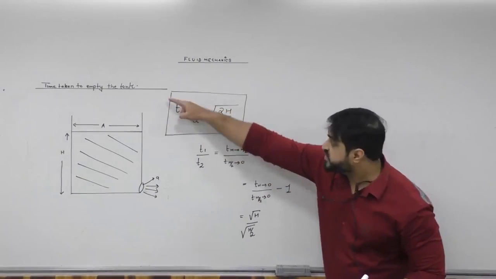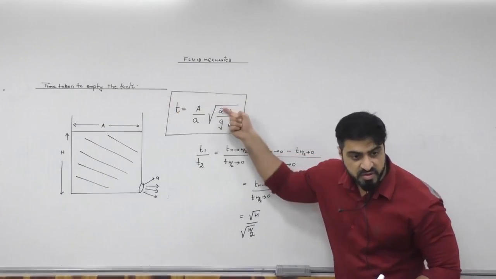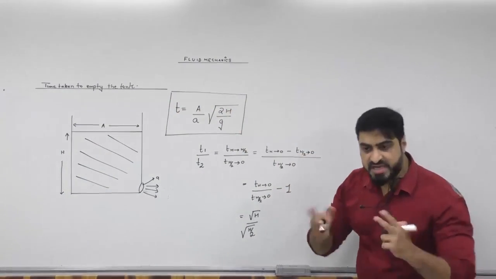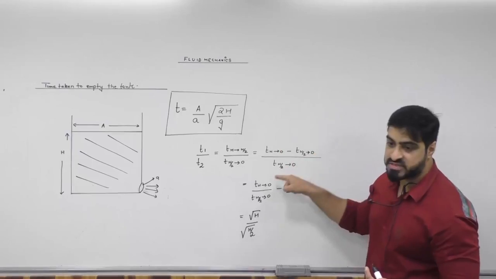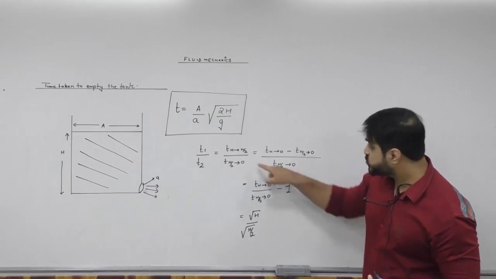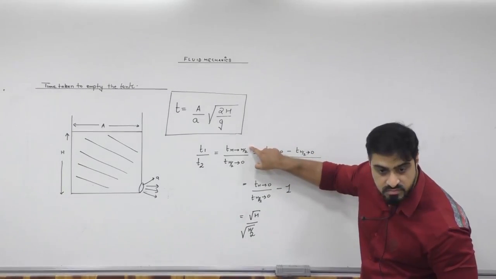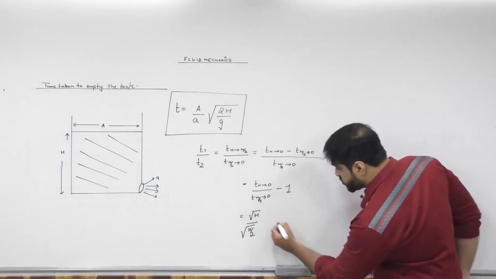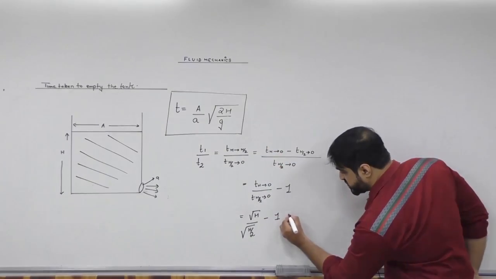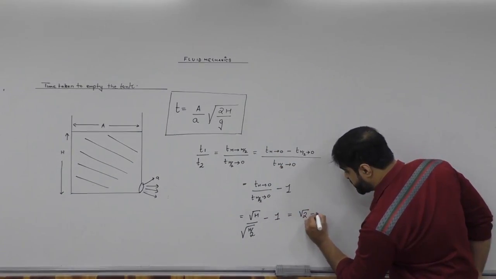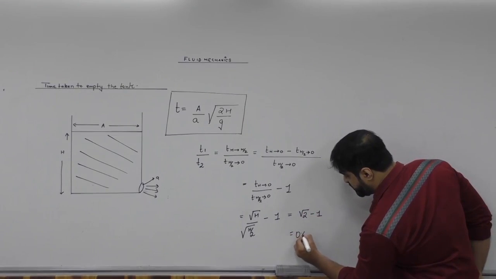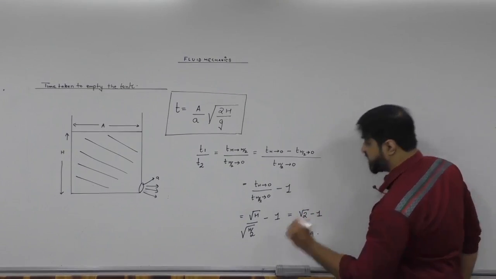This time is from emptying the tank, so from h to 0. So the trick is to take it to 0. This will not work, so this will become minus 1. This answer will become root 2 minus 1, that is 0.414, is the answer.